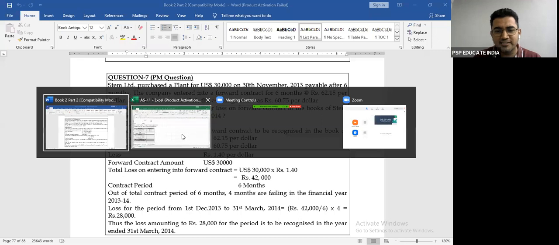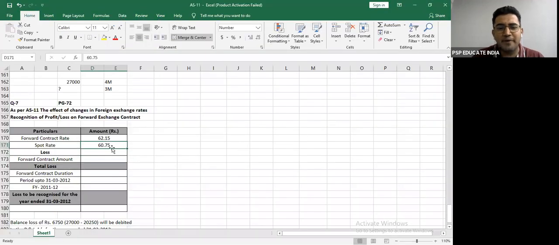Now, you will think in this way that you could have paid at 60.75, but now you have to pay at 62.15. Tell me, will you pay more or will you pay less?